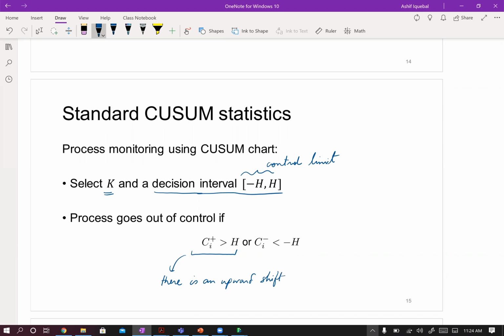And if Ci minus is less than minus H, then we will conclude that there is a downward shift. This is how we define control limits. Now let's answer the question: how do we determine the value of K and the value of H?